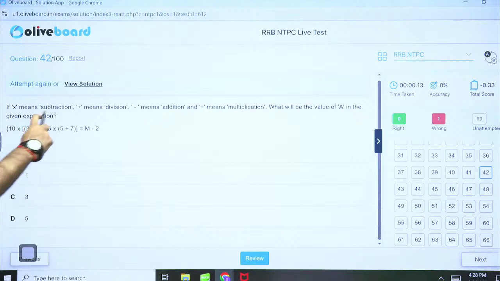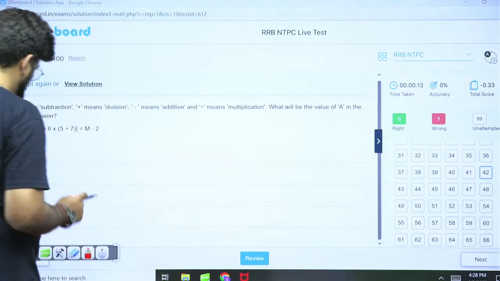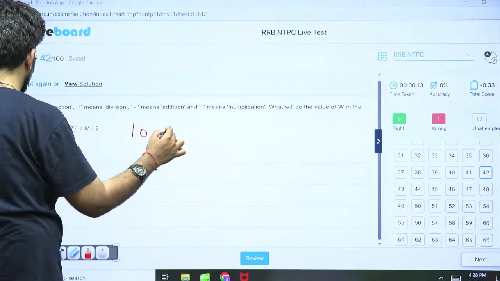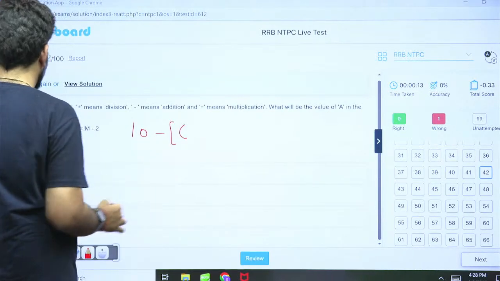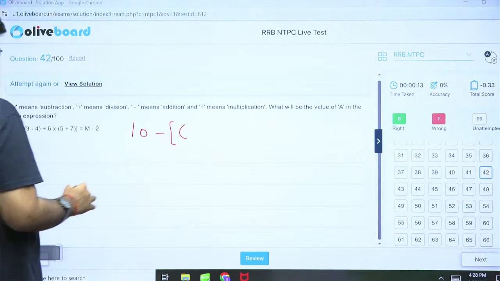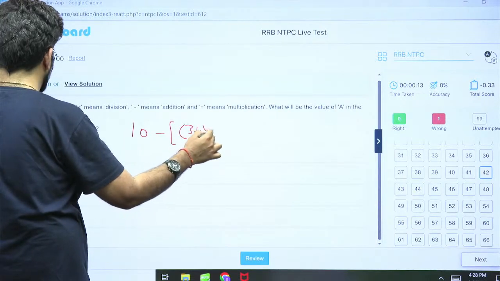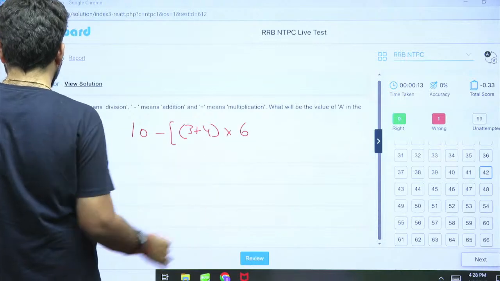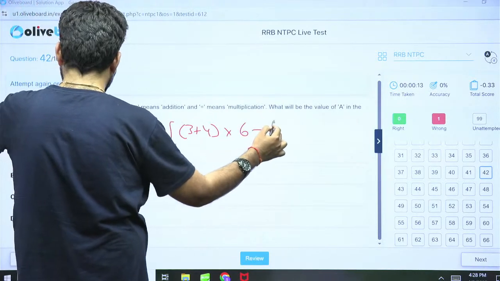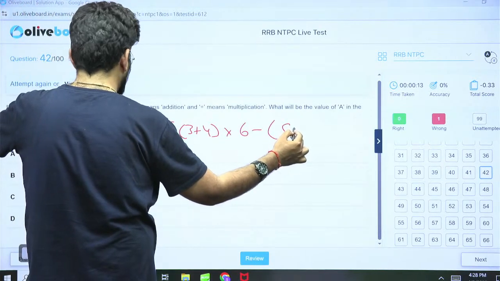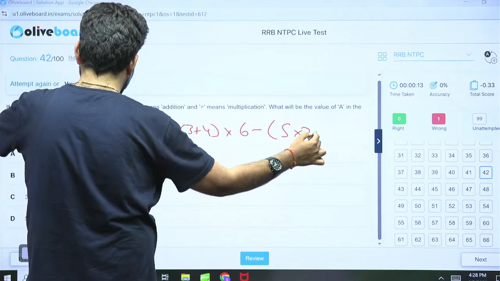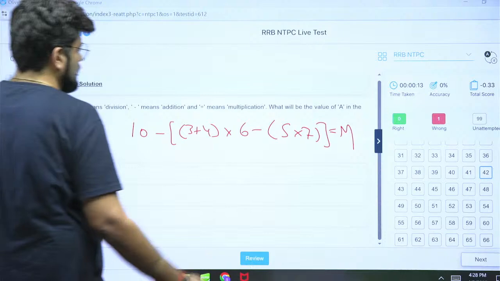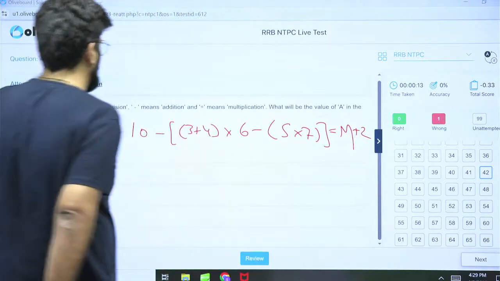Okay. Multiply means subtraction. Minus means addition. Divide means multiplication. Multiplication means subtraction. Divide means multiplication. And minus means addition. Now find the value of m.